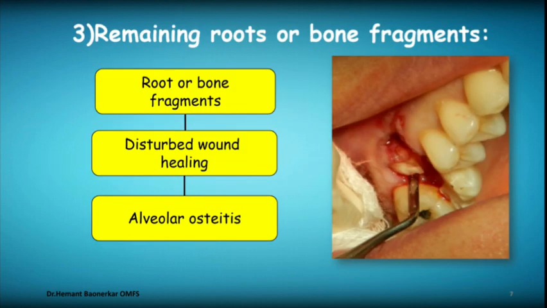Sometimes during extraction, a small root piece or small bone fragment is left at the extraction site unknowingly. Because of this small part, there is a disturbance at the wound healing site, and because of disturbed wound healing, there are more chances of formation of alveolar osteitis.